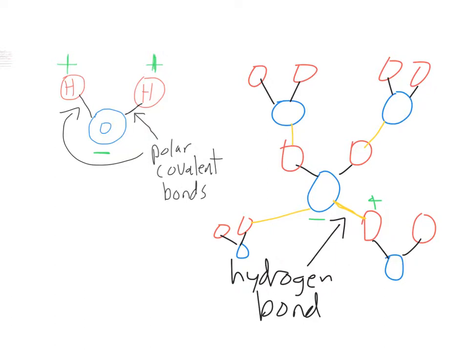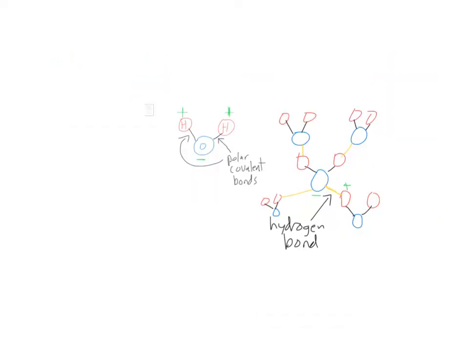Any questions about that? All right, let's talk about some other stuff you need to know for this test. Let's talk about the pH scale. So it starts with this equation.